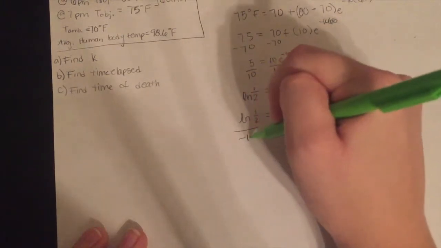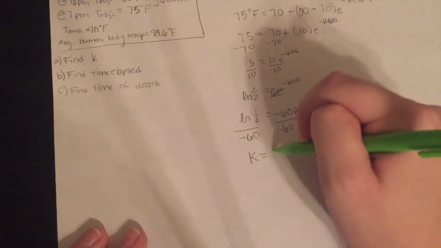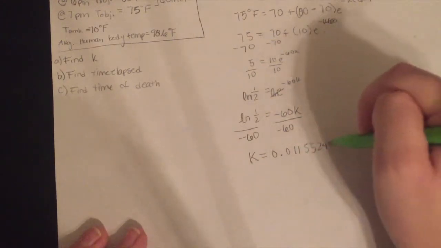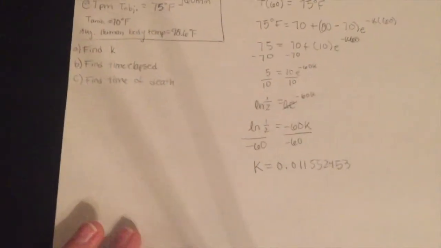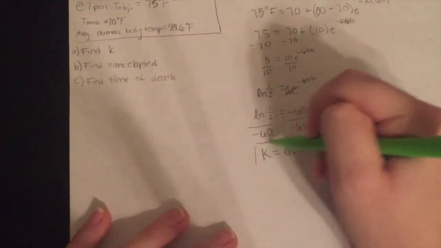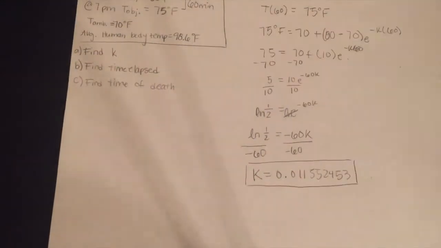So after we calculate that, k is going to equal 0.011552453. I'm not going to round it at the end because that could actually change our answer. So we know that k equals 0.011552453.